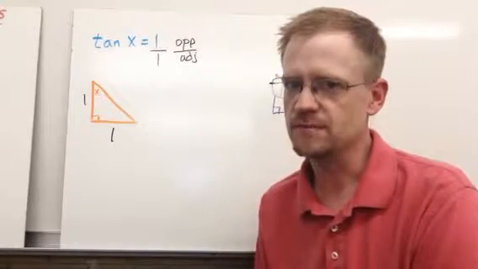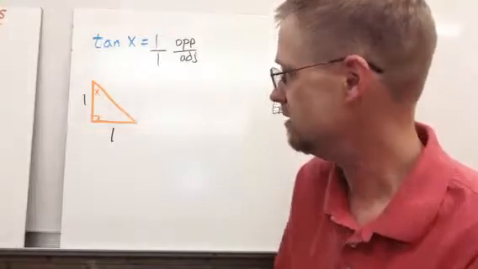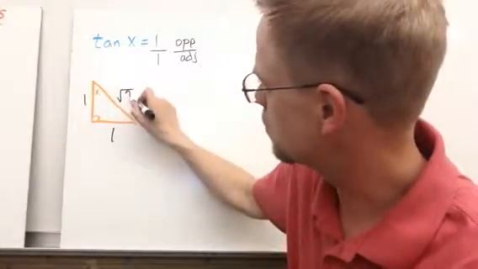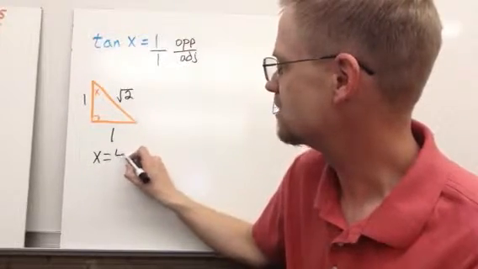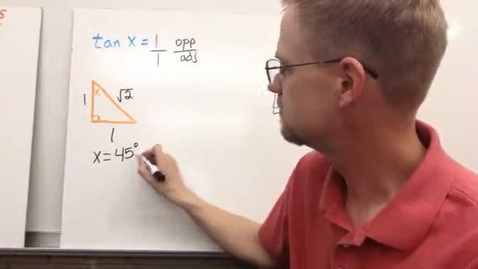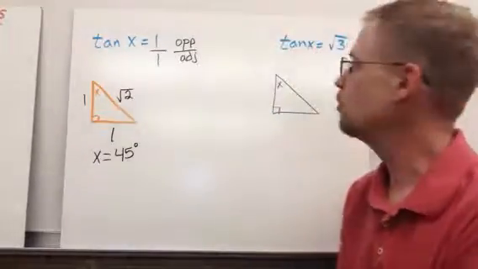Again, this should look familiar, one of our special right triangles. This is a 45, 45, 90, and the hypotenuse is going to have a length of square root of 2. Since it's a 45, 45, 90, x will obviously have to be 45 degrees. Let's do one more like that.